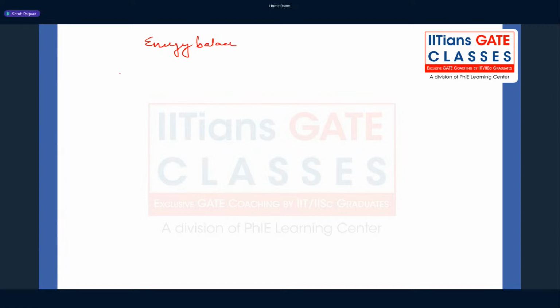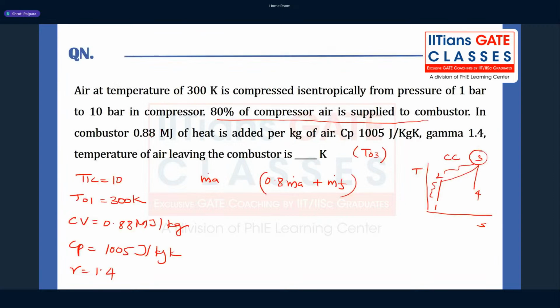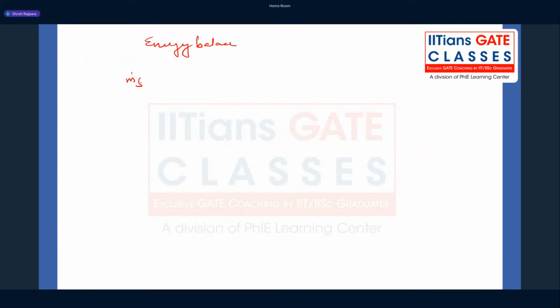The chemical energy that the fuel is having is getting converted into the enthalpy rise in the combustion chamber. So m dot F CV is equal to 0.8 m dot A plus m dot F, Cp T03, minus 0.8 m dot A Cp T02.